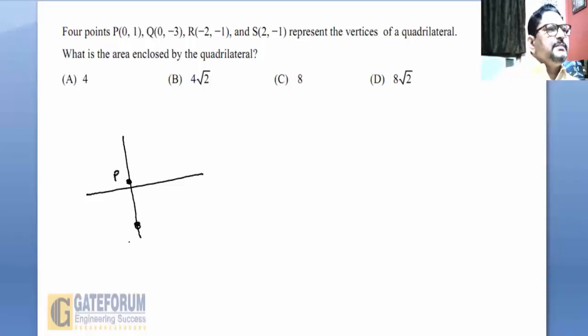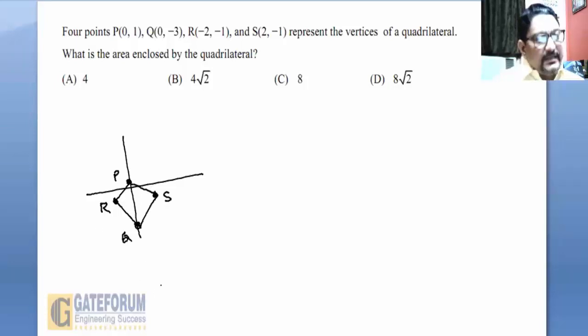So mind it, if this is P, then this becomes Q. Now (-2, -1) would be somewhere around here, so this would be R, and (2, -1) would be somewhere here, so this would be S. If we notice carefully, the examiner has given the quadrilateral in the form of PRQS if taken in the anticlockwise sense, or PSQR if taken in the clockwise sense.